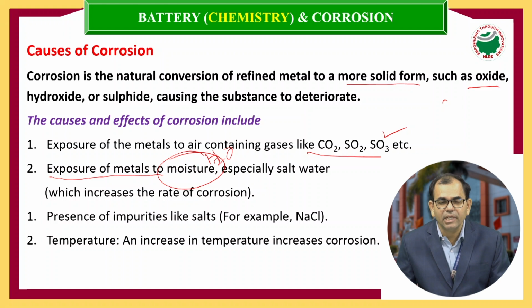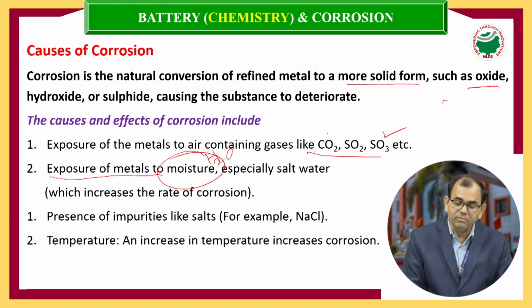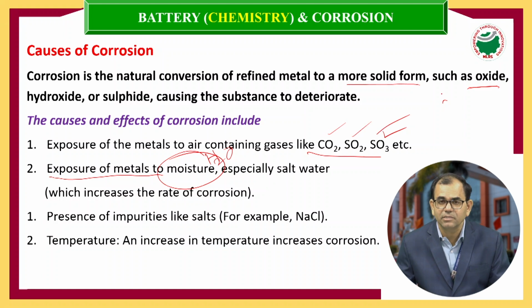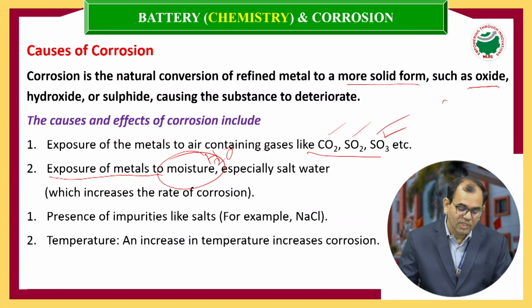See, corrosion is mainly because of two factors. One is exposure to moisture, that is water. The second is exposure to atmospheric oxygen, whether in the form of carbon dioxide, sulfur trioxide gases, or direct oxygen contact.